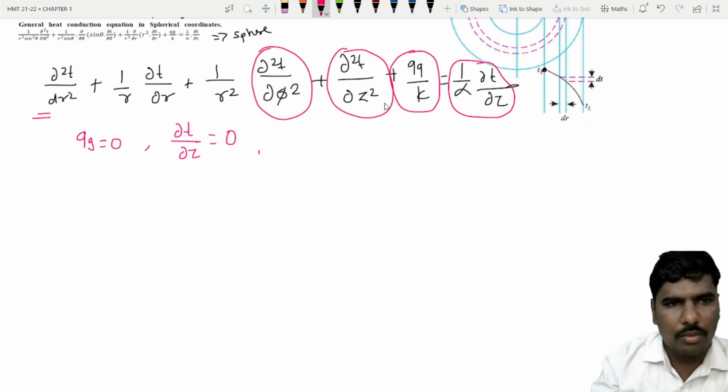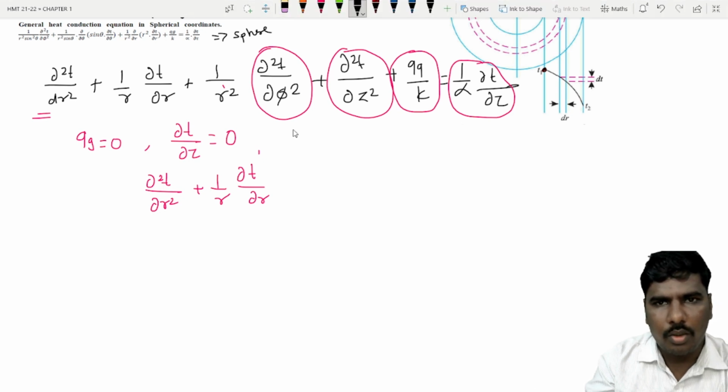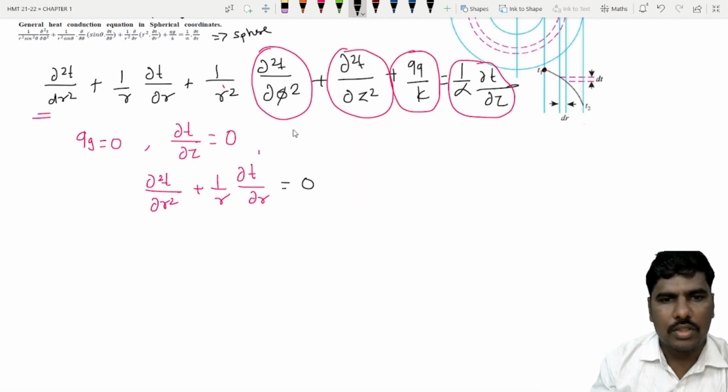So our equation becomes ∂²T/∂R² + (1/R) ∂T/∂R = 0.